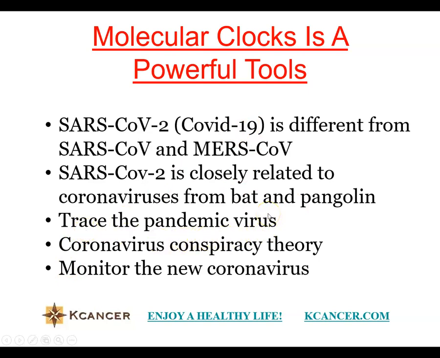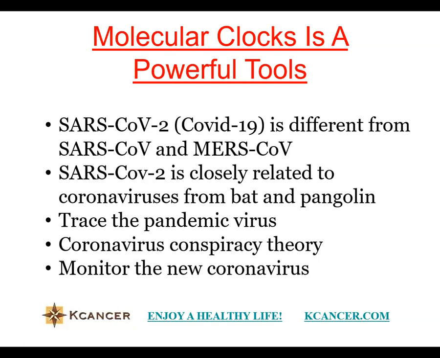I just showed the picture before, where we see the Wuhan virus, how the virus grows, and how it transmits from China, then spreads to European countries, and then to the United States.